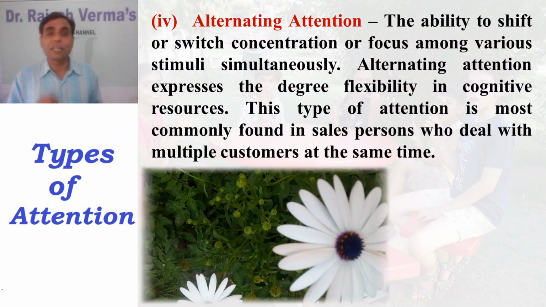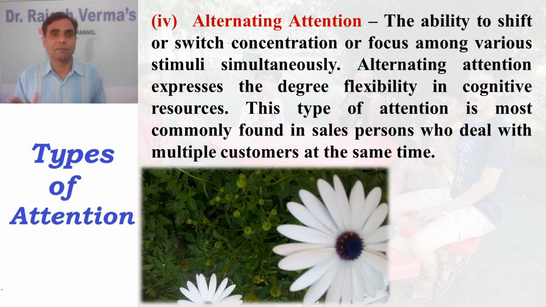Last and the fourth type of attention, alternating attention. The name is also self-explanatory. The ability to shift or switch concentration or focus among various stimuli. So there is a thin line between divided attention and alternating attention.